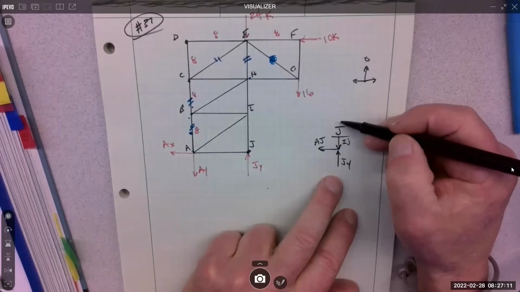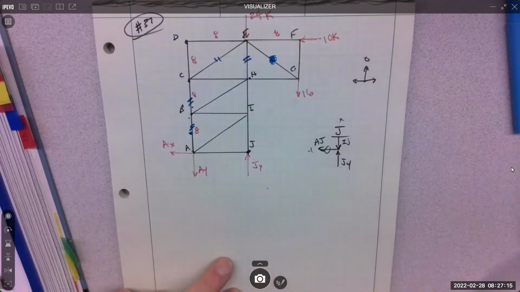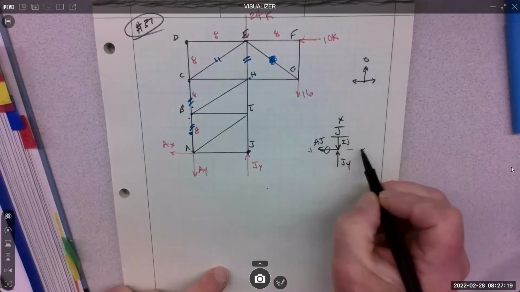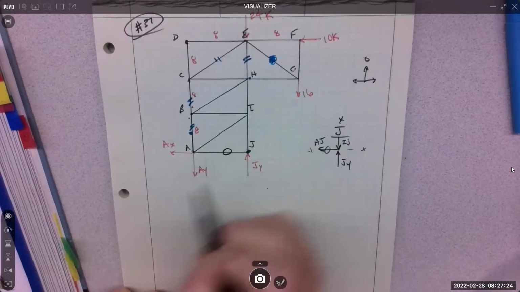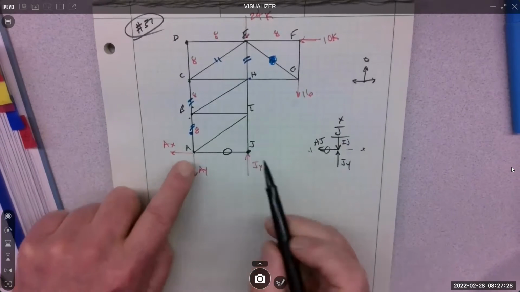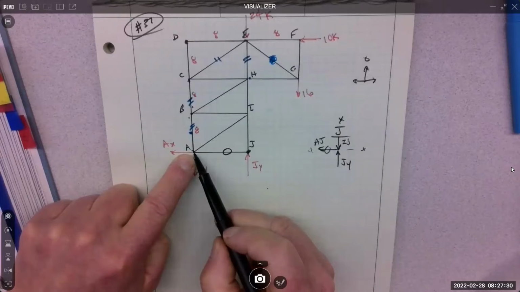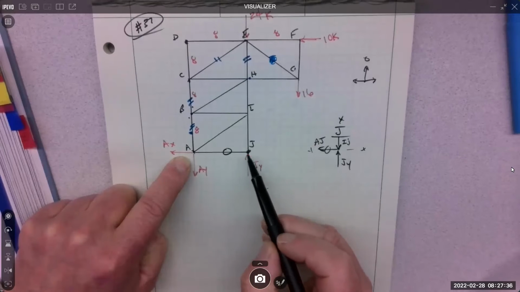So if I said this was my X and this is my Y, then that has to be zero. The only force in one direction, or this is Y and this is X. Guess we could just leave it that way. So that's got to be zero. Based on this connection, not based on this. I can't look at this and say anything's zero because there's lots going on at A. But here, there's a nice clean T.